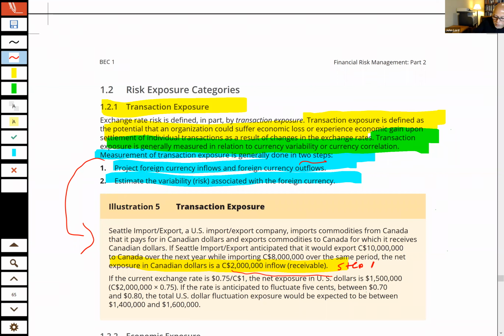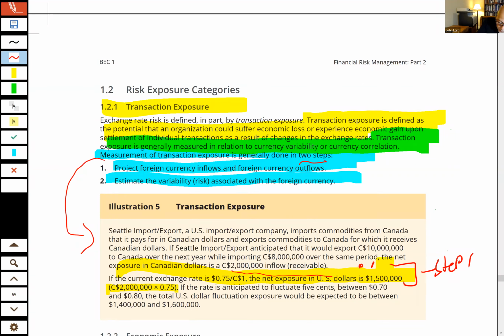Then if the currency exchange rate is $0.75 to 1 Canadian dollar, the net exposure in US dollars is 1.5 million. That's that 2 million times 0.75. So I guess that's really part of step 1. That's all step 1. I'll just bracket it off and call that step 1.